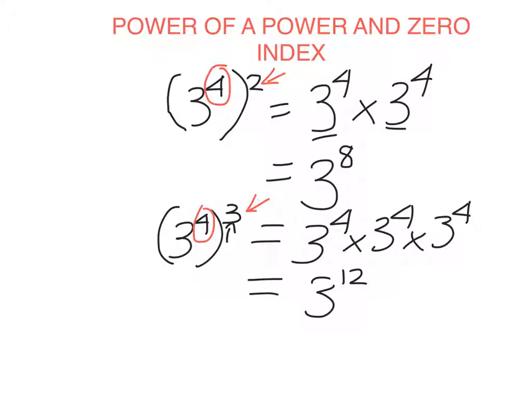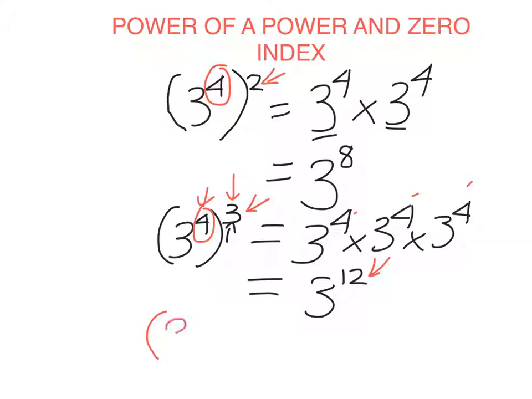Adding 4 to itself is the same as multiplying it by 2. Adding something together 3 times is the same as multiplying by 3. So what we've done in each case is we've actually just taken this number and multiplied by the other number, and that becomes the power.